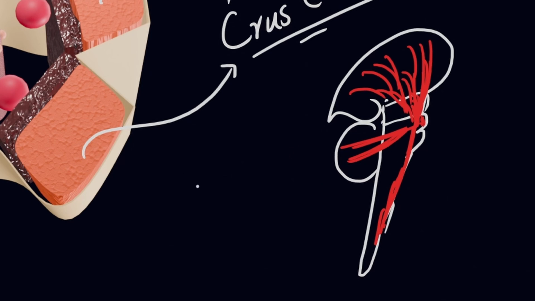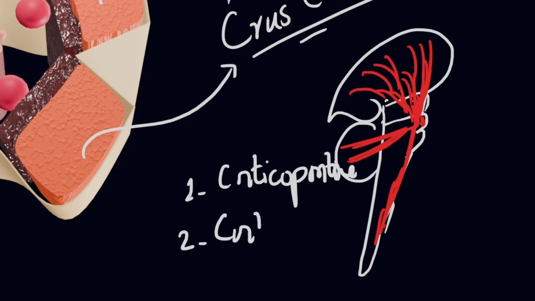So we have basically three types of fibers in this crus cerebri. We have corticopontine fibers, which will of course form the corticopontocerebellar tract. Then we have corticospinal fibers, and all these are of course coming from the cerebral cortex.